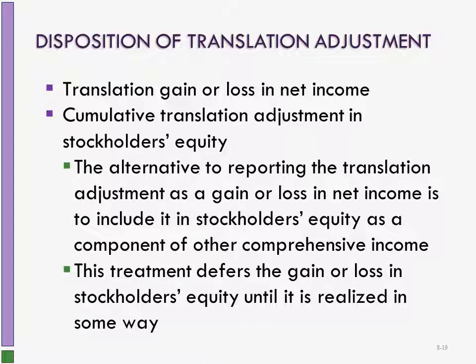However, a cumulative translation adjustment in stockholders' equity is one alternative to reporting the translation adjustment as a gain or loss in the income statement. This treatment defers the gain or loss in stockholders' equity until it is realized in some way.